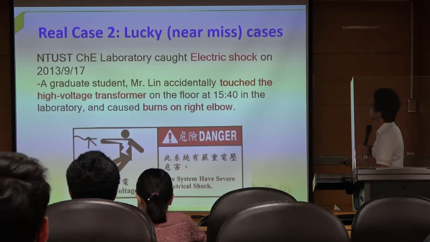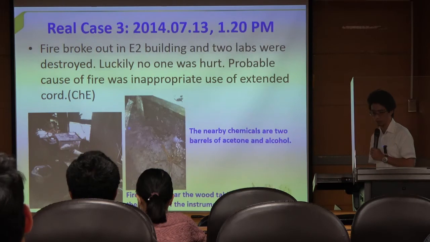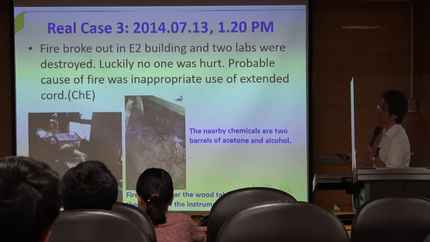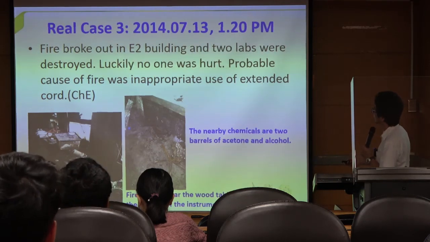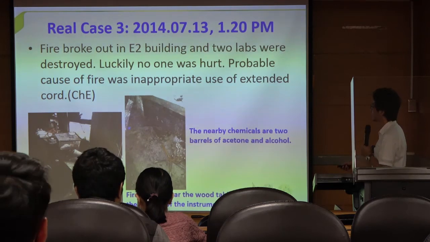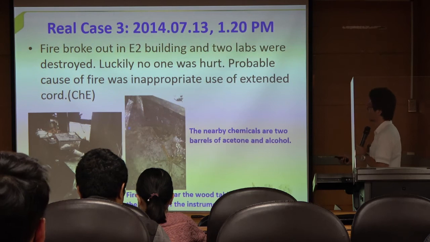I think it's a very lucky case for him. Then in 2014, not so lucky: it was an electrical hazard, and a fire broke out in the E2 building. No one was hurt, but you can see the laboratory is wholly destroyed.